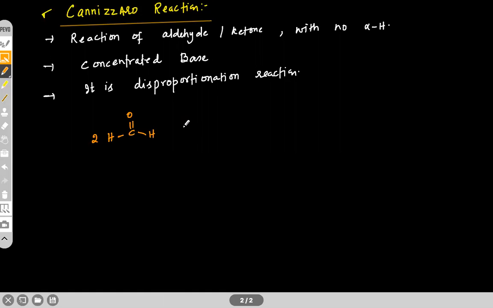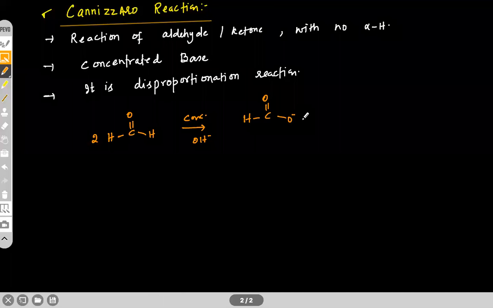When you allow this to react with concentrated base, that is OH minus, this converts into HC double bond O, O minus Na plus, and CH3OH.